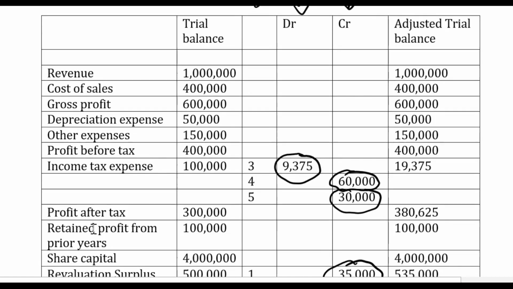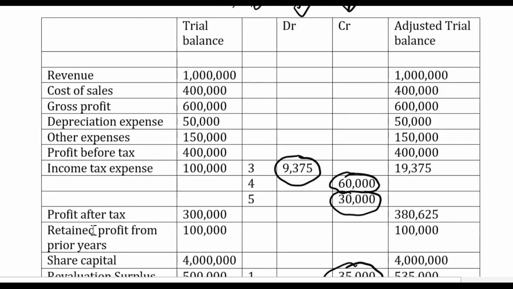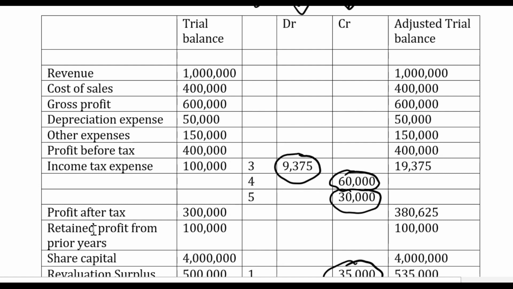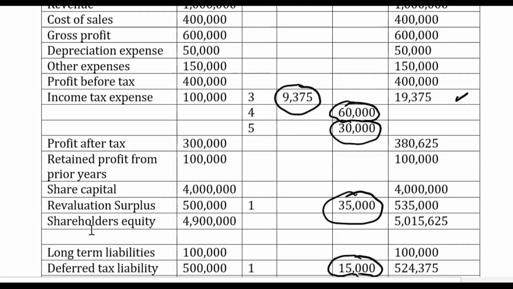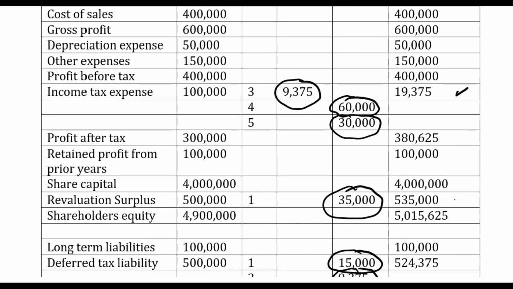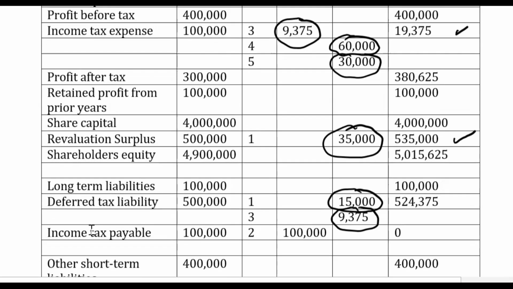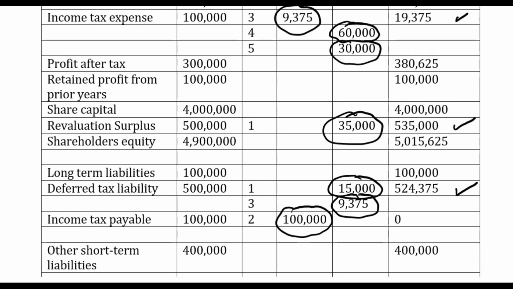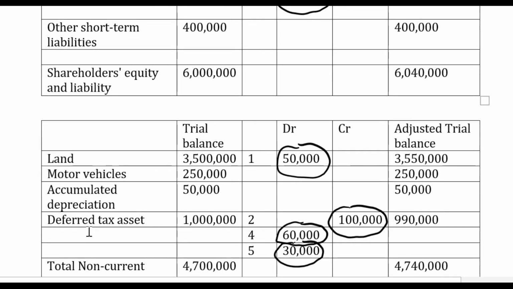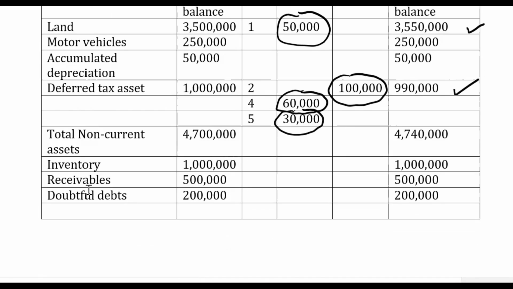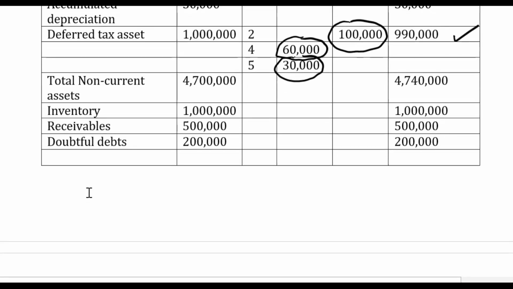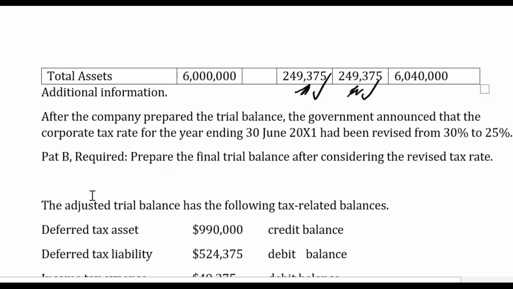And then we can come up with the adjusted trial balance. The differences occur in income tax expense because there are adjustments. Then differences occur in the revaluation surplus and deferred tax liability. And on land, deferred tax asset is where the differences occur.